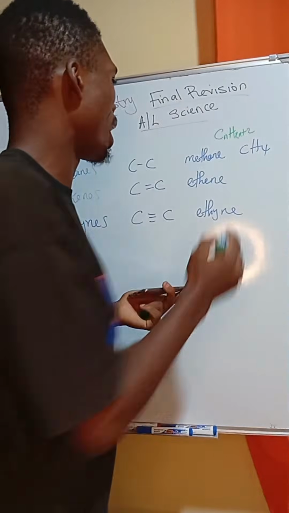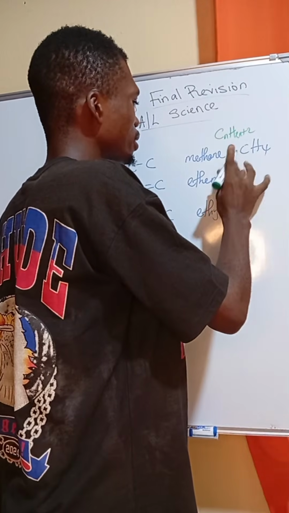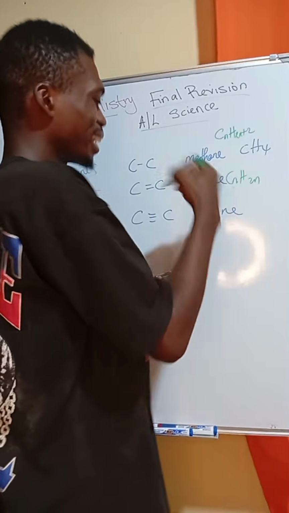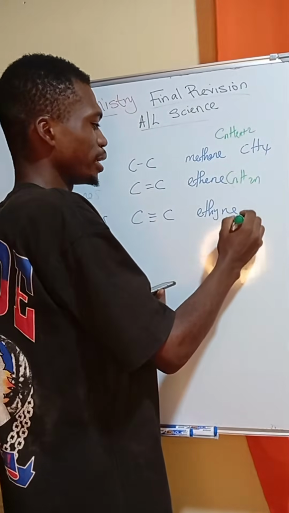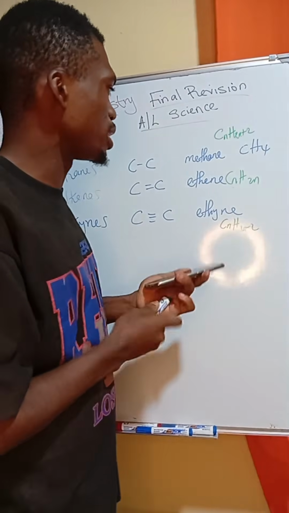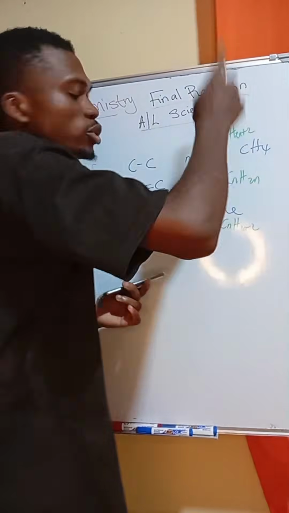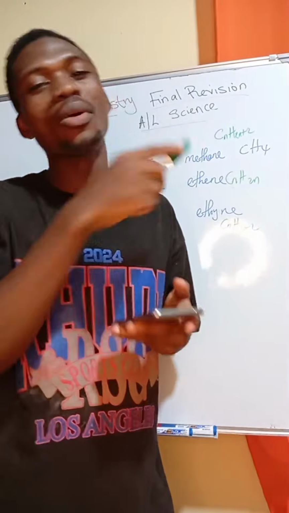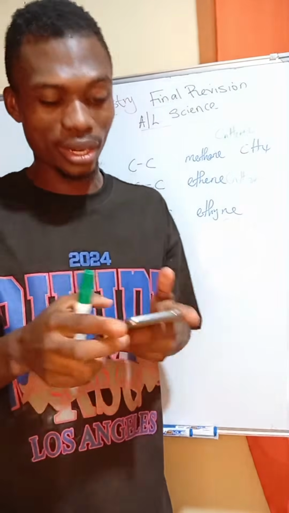Then for alkenes you have CnH2n. For alkynes, you have CnH2n-2. So that means you can have the structural formula for any hydrocarbon that you want. I've answered more than 3 questions in one in short time.